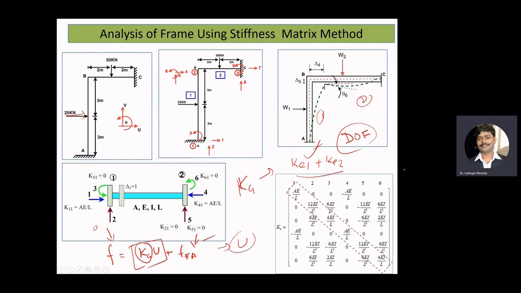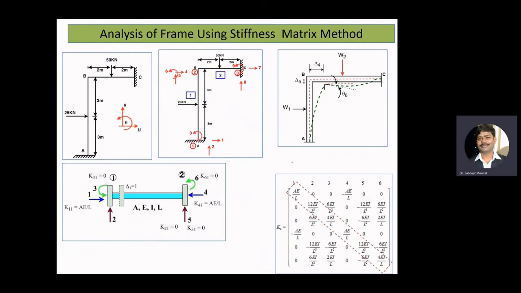For example, if you have 2 degrees of freedom for an element, as we used to have in a truss element, then our stiffness matrix for the truss will be 2 by 2. If we have 4 degrees of freedom for an element, then our stiffness matrix will be 4 by 4 size.